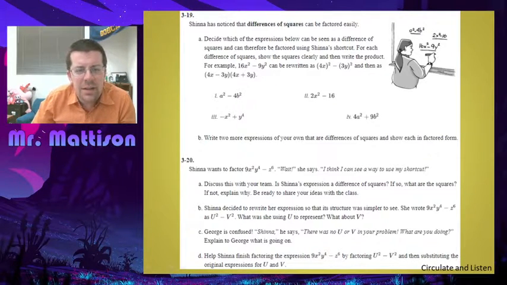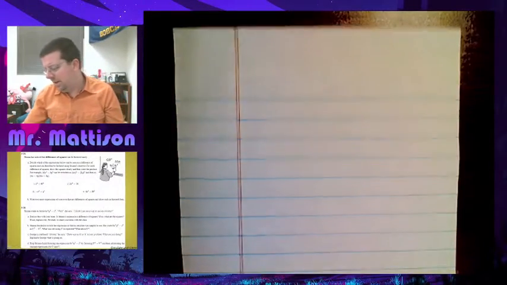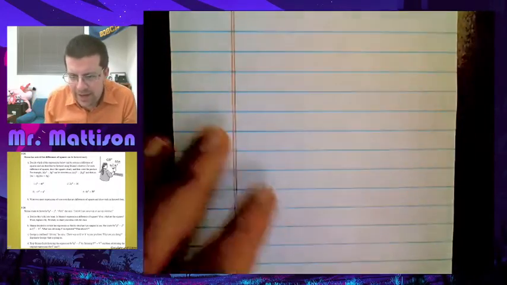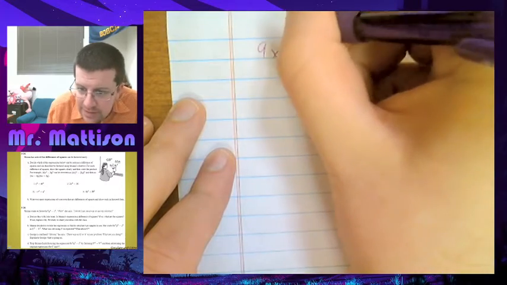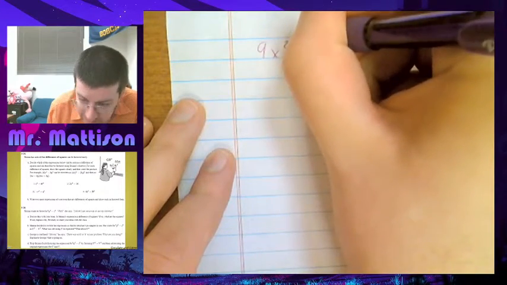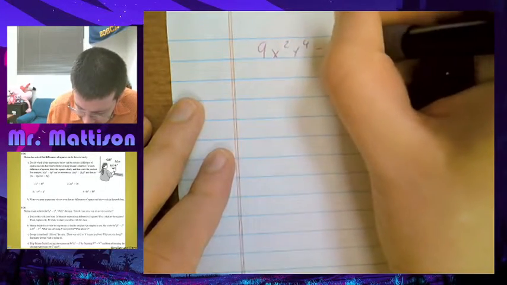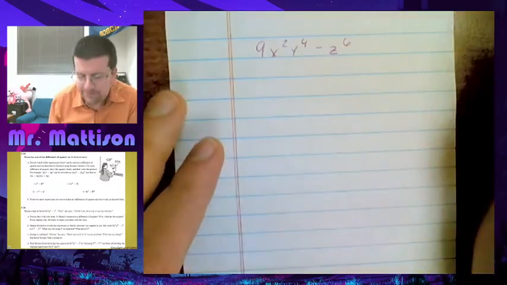All right. On number 20, so we're going to try and do it for this particular problem here. So I'm going to just kind of walk through the actual process as opposed to then kind of talking about this u and v substitution stuff. So I'm going to cover that, but in my own kind of different way here. So we have 9x squared y to the 4th minus z to the 6th.